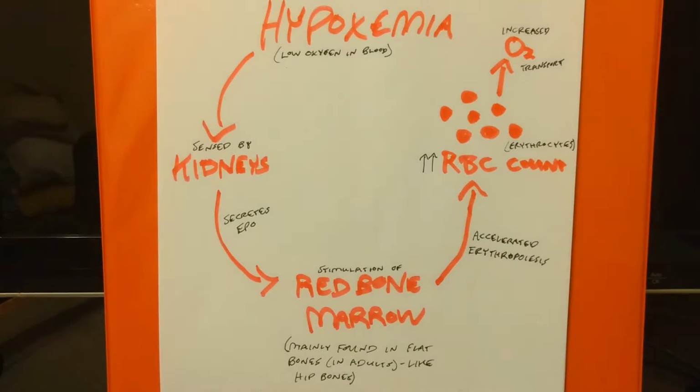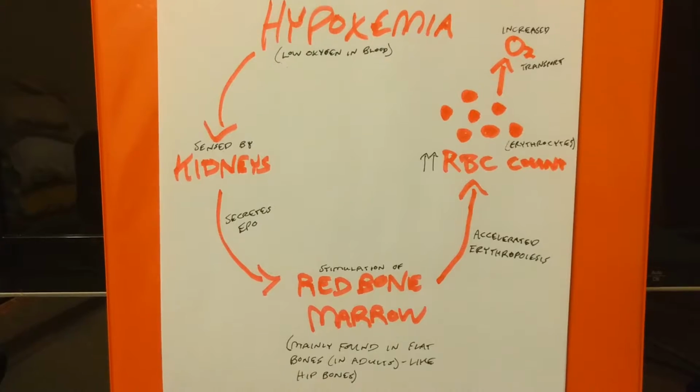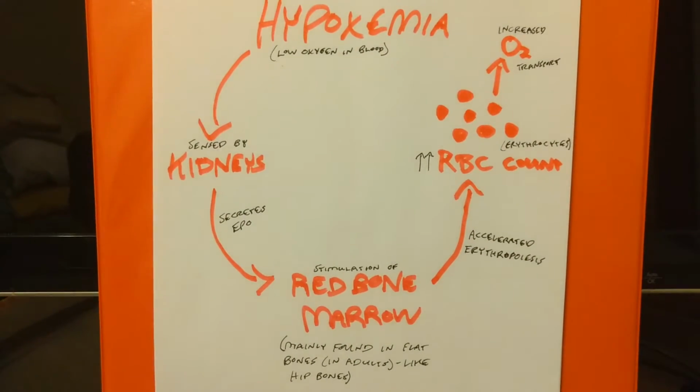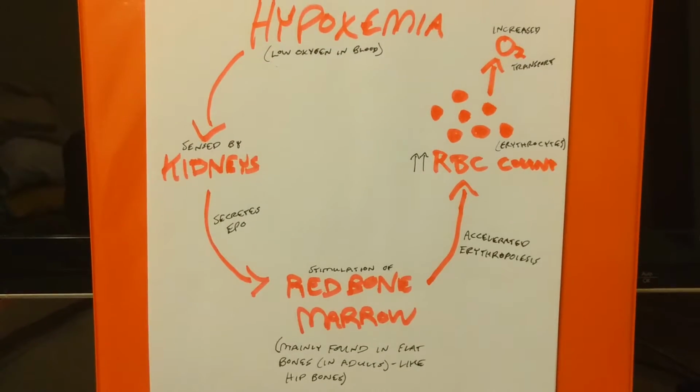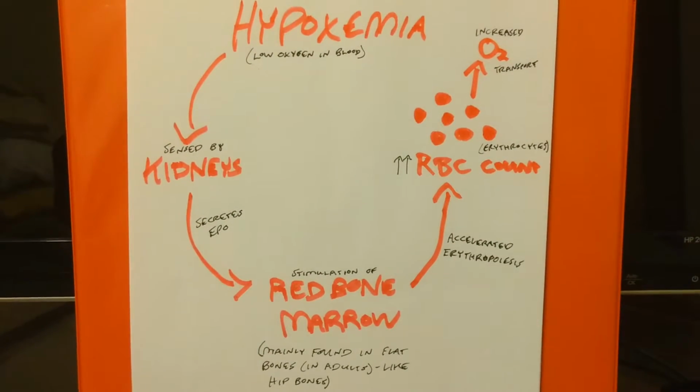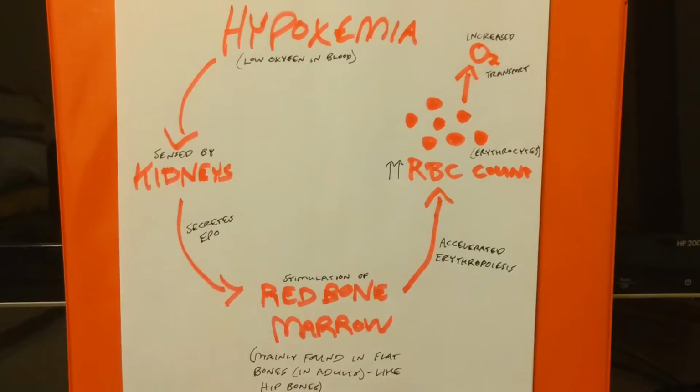EPO is erythropoietin. It's a hormone secreted by the kidneys and also by the liver in unborn babies and newborns, but primarily by the kidneys in adults.